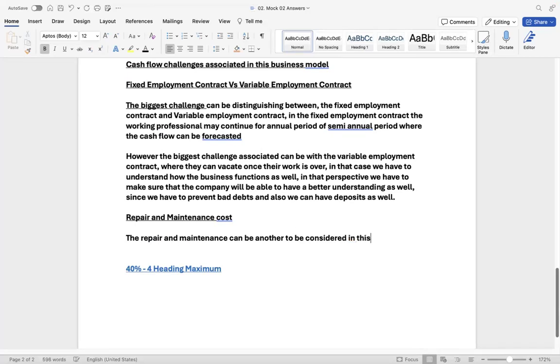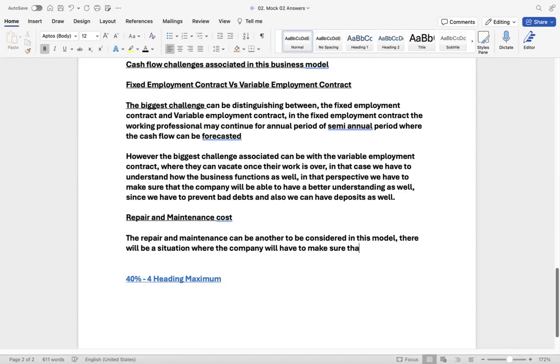In this model, there will be a situation where the company will have to make sure that they are repairing the rooms every time a person vacates.